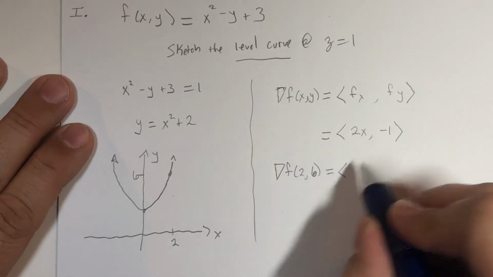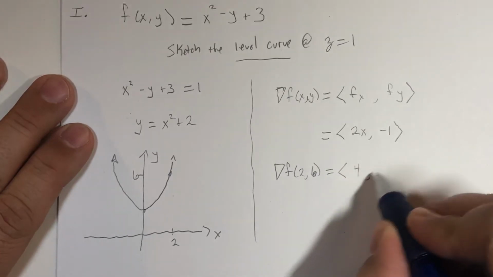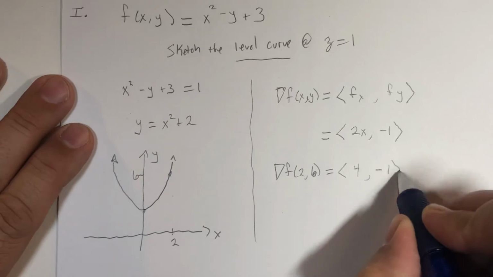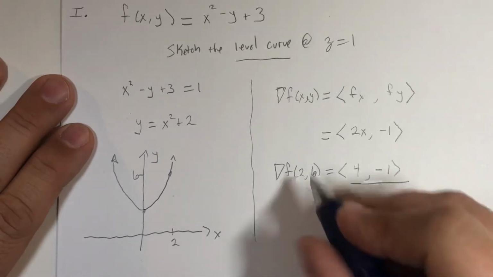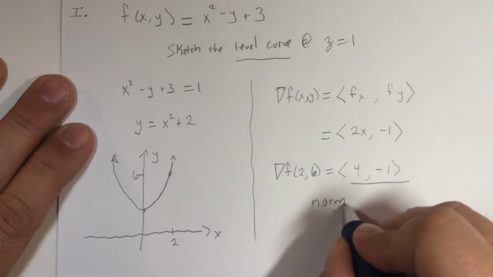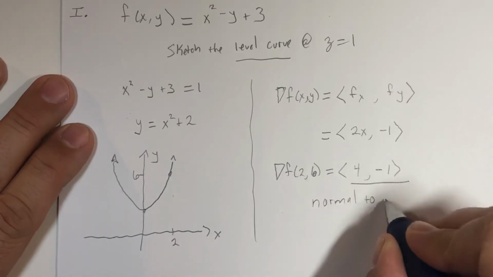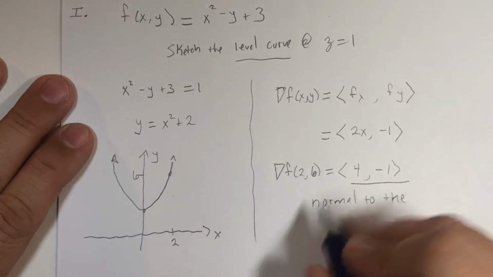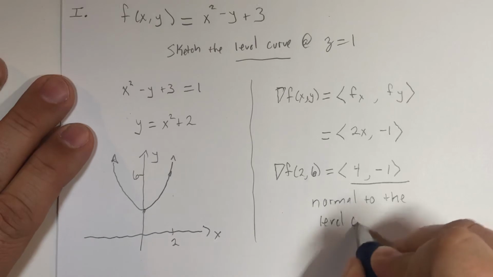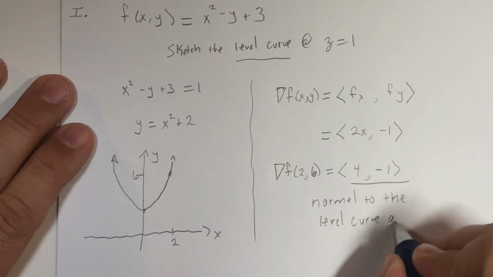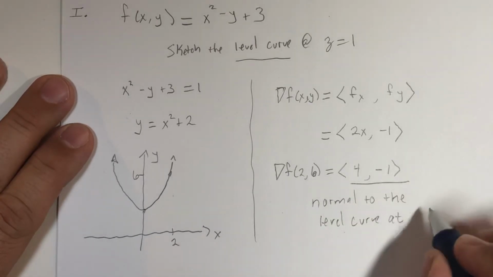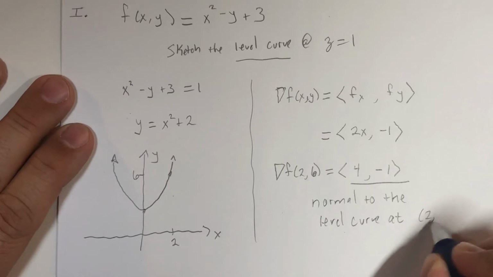X is 2, 2 times 2 is 4. The y component is always -1. So this vector is normal to the level curve at the point (2, 6).